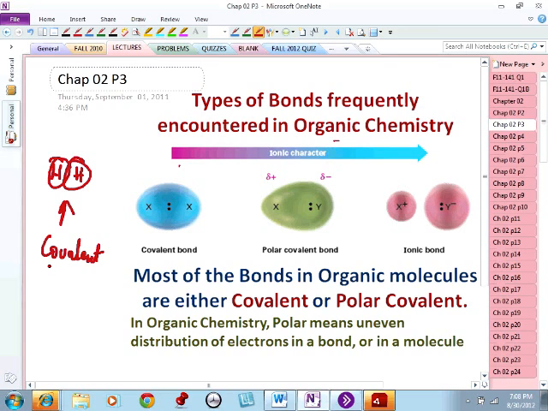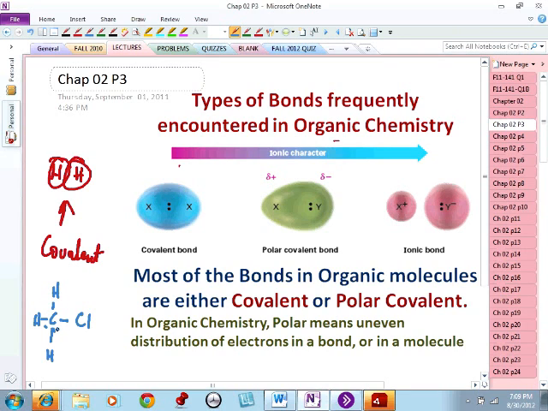But on the other hand, if you have atoms, say for example, let's take a look at this molecule here. In this molecule we call chloromethane, we have the carbon-chlorine bond, we have the carbon-hydrogen bond.